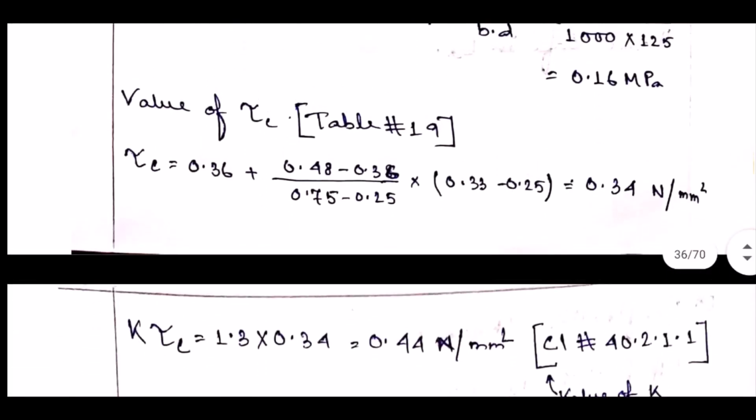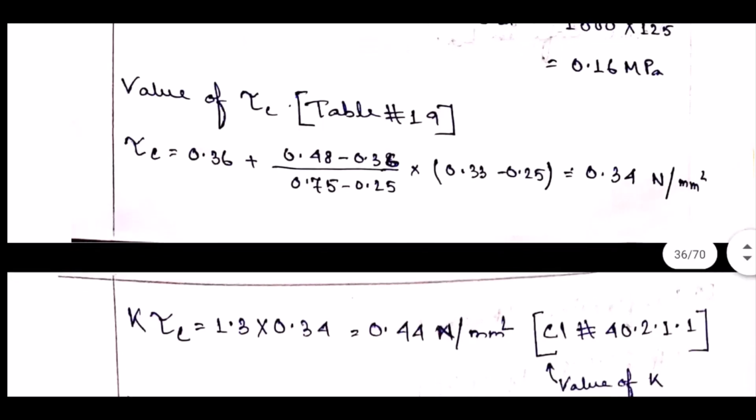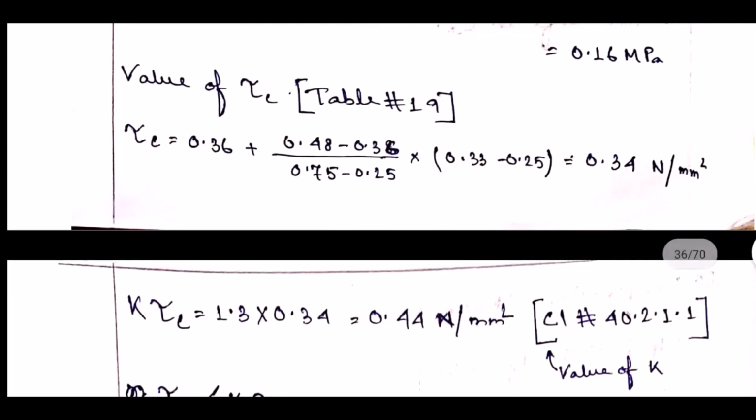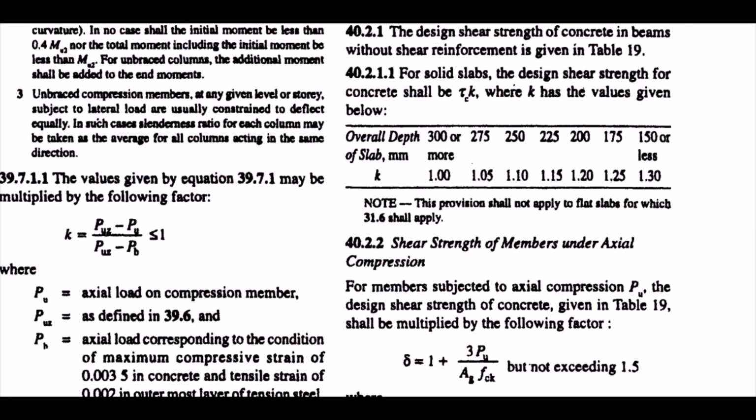Now in case of a slab, we have to multiply a factor with the tau C value to find the design shear strength. The K value we can get from clause number 40.2.1.1. So let's check this clause. Look, clause number 40.2.1.1 of IS 456 2000, for overall depth.